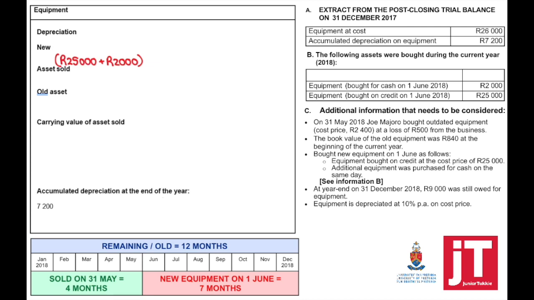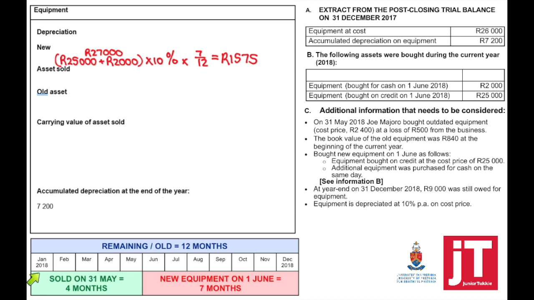That's why we can add the two together, and then we're going to say 27,000 times 10% times 7 divided by 12. Do not forget about the 7 divided by 12. That equals the depreciation on the new equipment that was purchased.